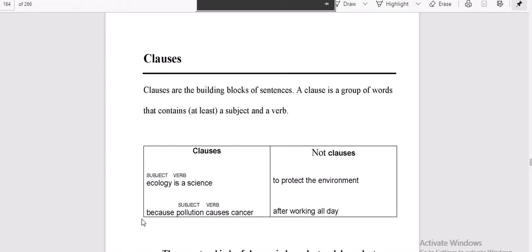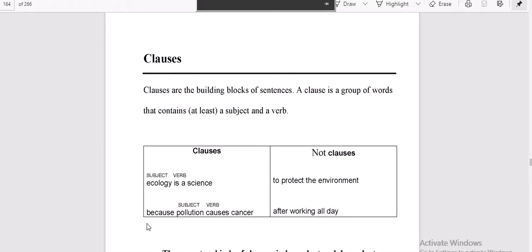Okay, but here in this second type of clauses, which is the dependent clause, there is a subordinator, "because", and the subject "pollution", and the verb "causes". Of course, "cancer" here is a complement or an object. So this sentence, because pollution causes cancer, is what?